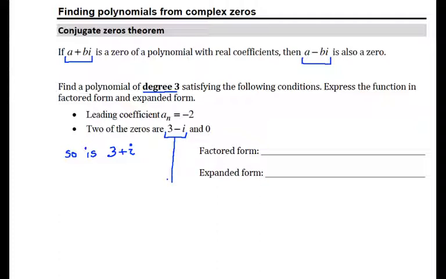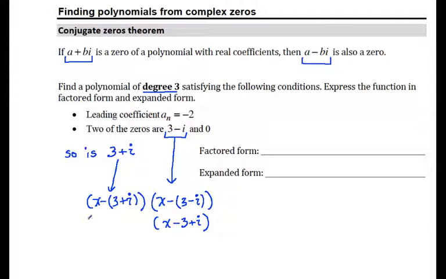First of all, the zero 3 minus i gives us the factor x minus (3 minus i), which we could also write as x minus 3 plus i. The zero 3 plus i gives us the factor x minus (3 plus i), which we could also write as x minus 3 minus i.